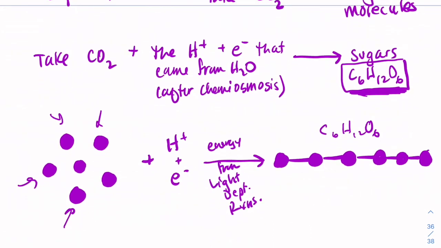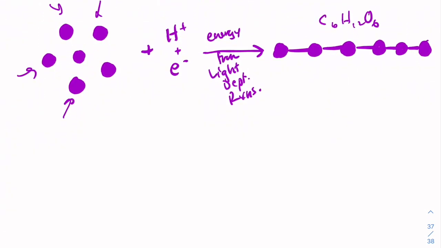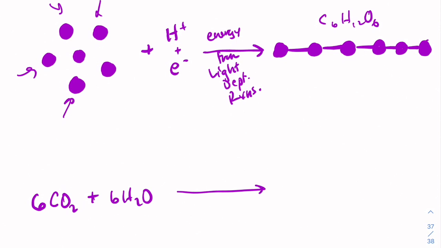So let's take one more look at this and just reiterate that plants, through one full cycle of photosynthesis, I'll write it this way. 6 CO2 plus 6 water molecules eventually forms C6H12O6 plus 6 O2 that we love to breathe in.